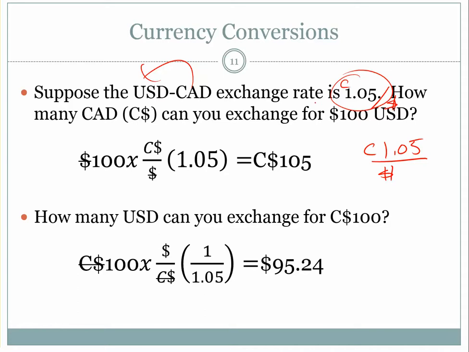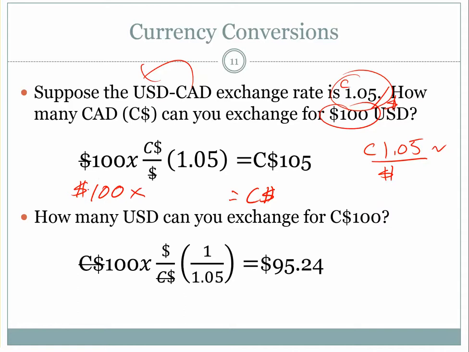So if you knew the exchange rate and you said how many CAD can you exchange for $100, the easiest way to do it is I would just write down the currency you're given, and then you need to multiply it times an exchange rate. In this case, we know we need to get to Canadian dollars. Now you always have a choice when using an exchange rate. You can either use as quoted or flip it. And then the question is, which one do you do?